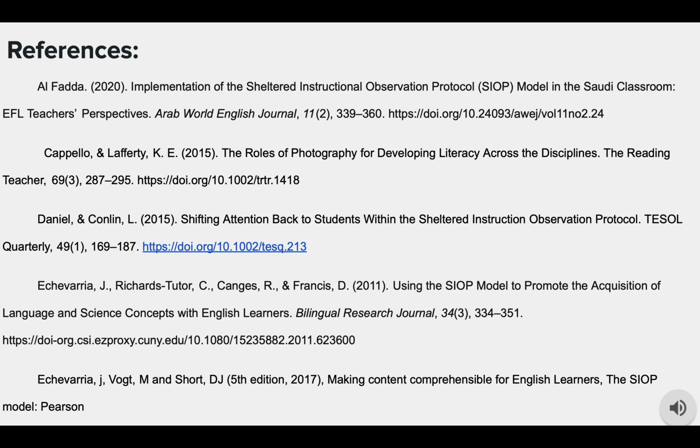Using the SIOP model to promote the acquisition of language and science concepts with English learners, Bilingual Research Journal. Making content comprehensible for English learners, the SIOP model, as well as YouTube for our video and education.com for our worksheets.